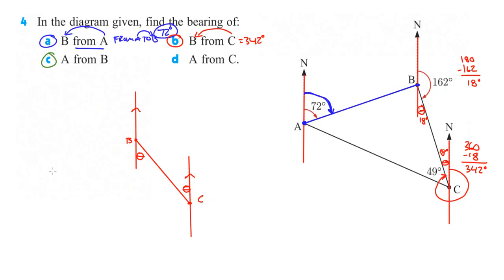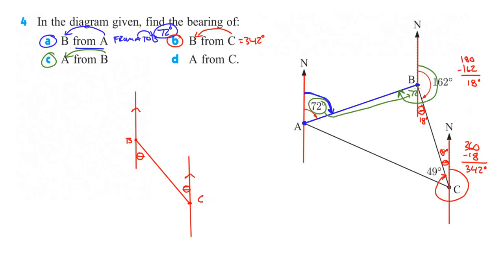Okay, let's try C. From B back to A. Okay, so we're starting at B, and then we go all the way around until we hit the line that heads back to A, which is this angle right here. So we should do 162 plus 72. Ooh, how come? Because the thingy is this way.